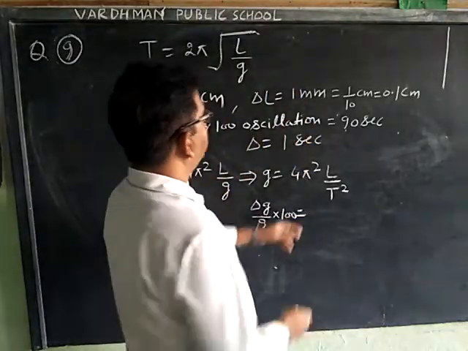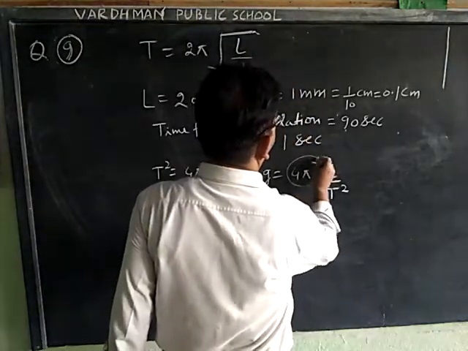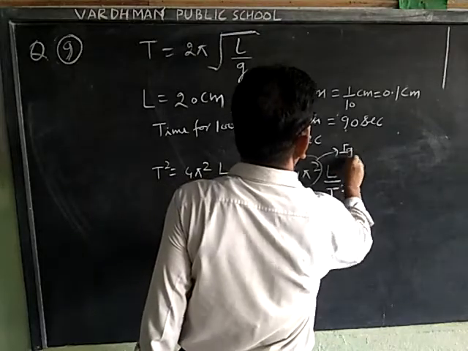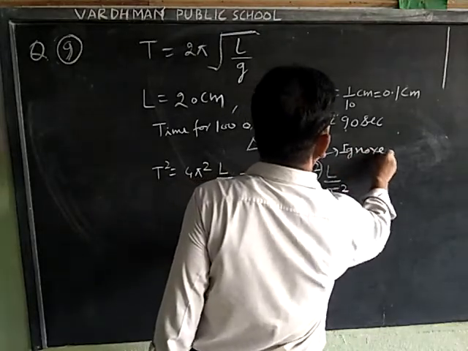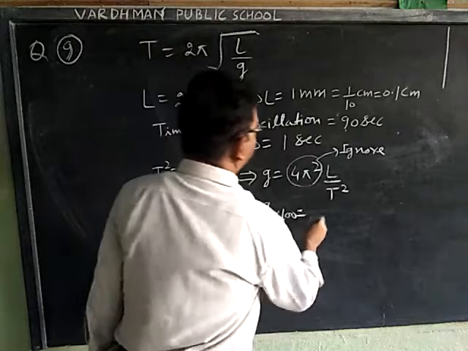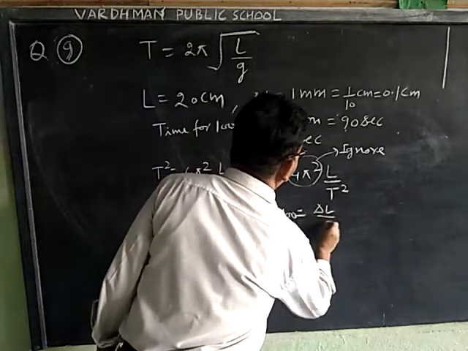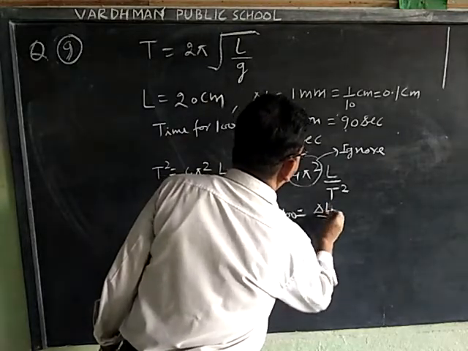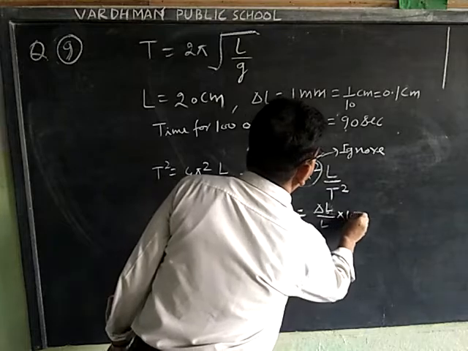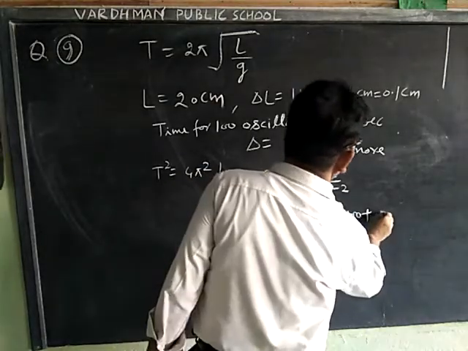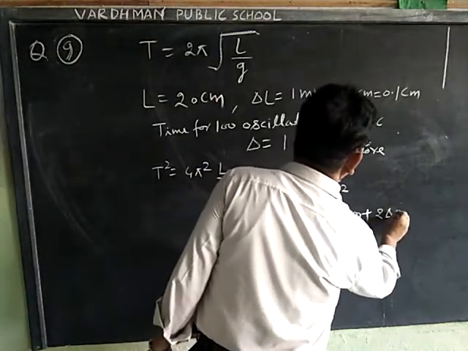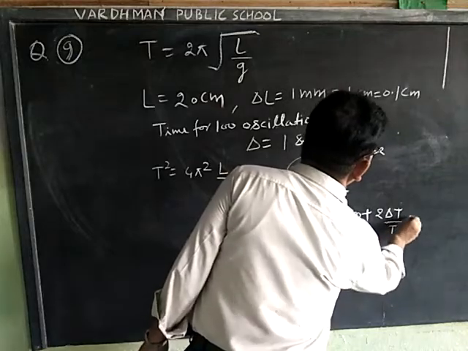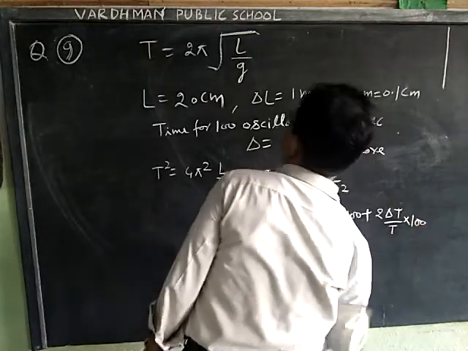It becomes delta L upon L into 100 plus 2 delta T upon T into 100.